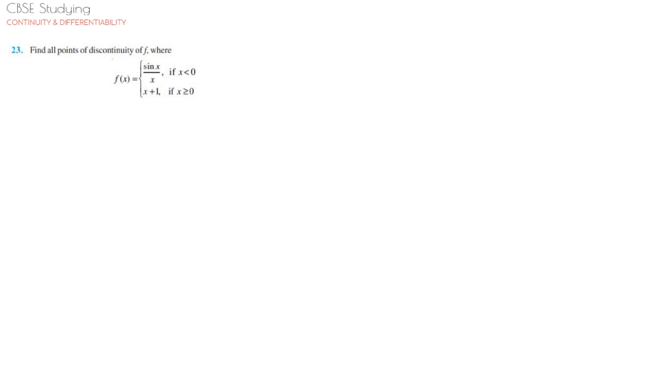Case number 1 is when x is lesser than 0, case number 2 when x is equal to 0, and case number 3 when x is greater than 0, right? So we are going to work out these cases one by one. Let's start with case number 1.